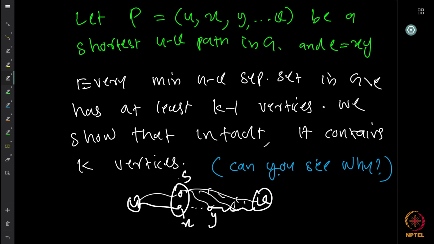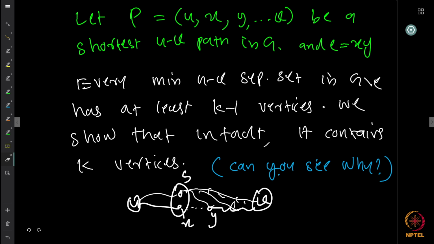See, I know that S is a minimum separating set, which means that removing the vertices of S will make the graph disconnected, and that is the smallest set, right? Now if I remove one of the vertices, if S has k vertices and I remove the vertex X, of course I know that the remaining set has k minus 1 cardinality, right? But if I remove X, of course, I also remove the edge xy, right? Because X is a vertex incident to the edge xy. So therefore, removing the vertex X will also remove xy.